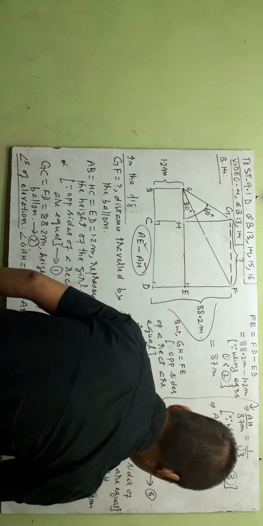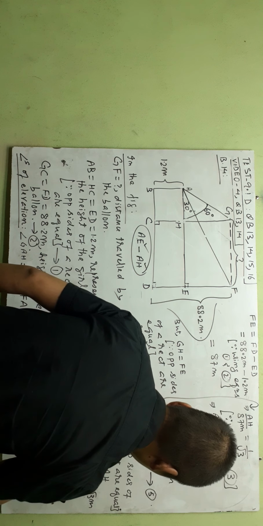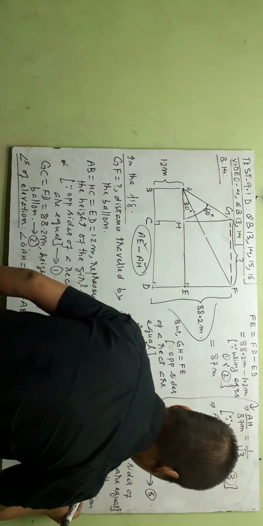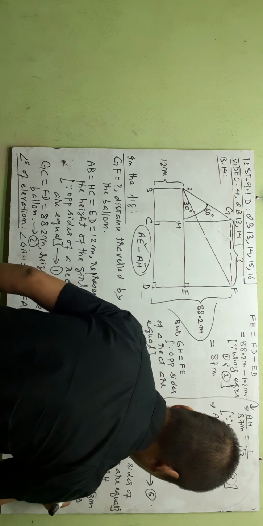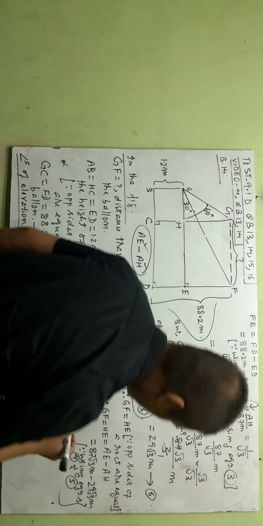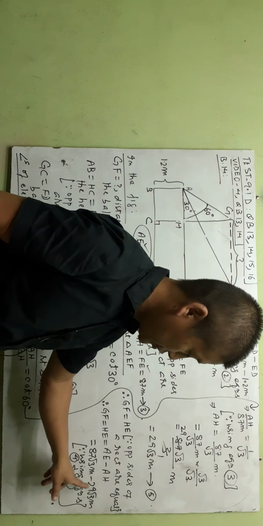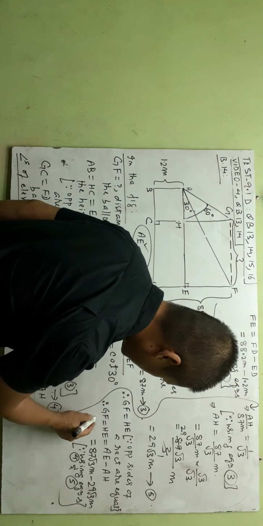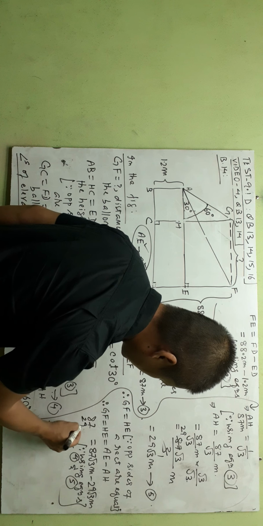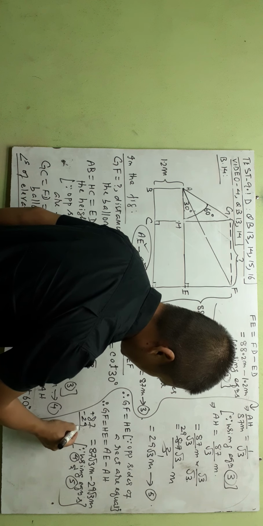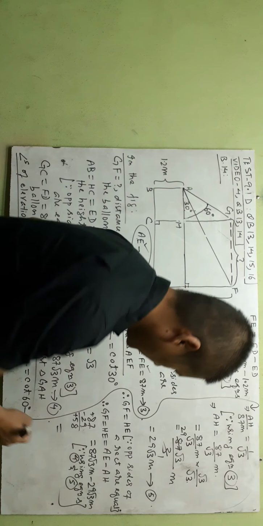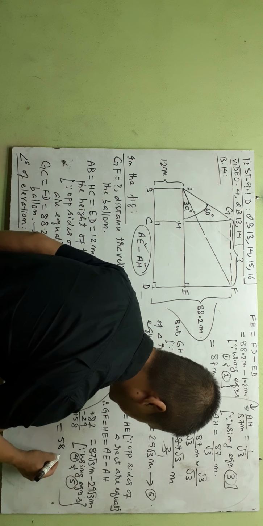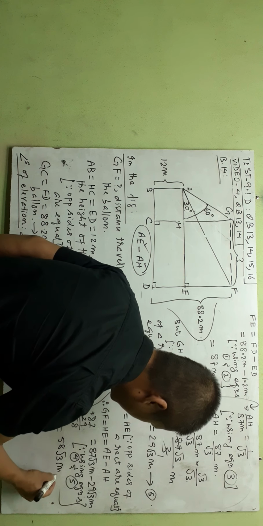We write that as it is, and we write here, since using equations 4 and 5. Then 87 root 3 minus 29 root 3 is as good as 87 minus 29. So this is 58 root 3 meter, right?